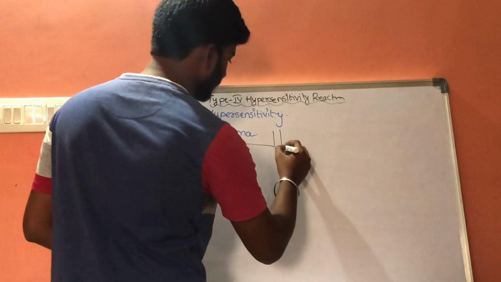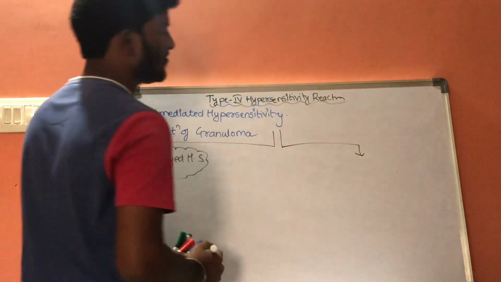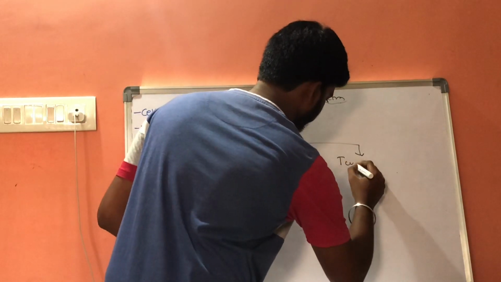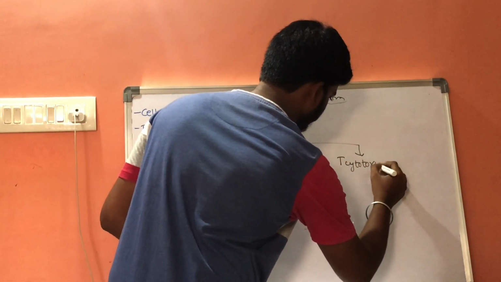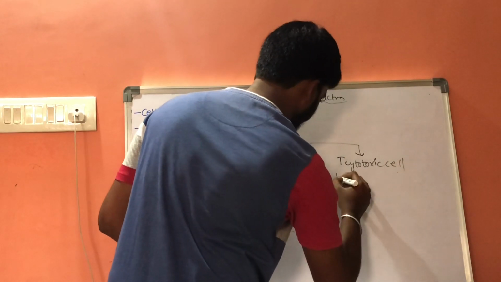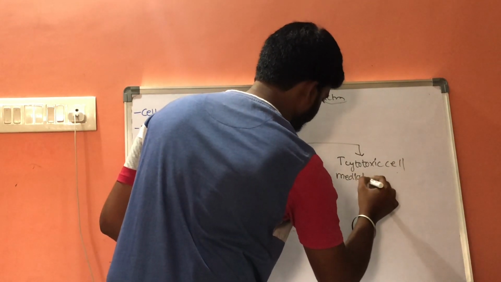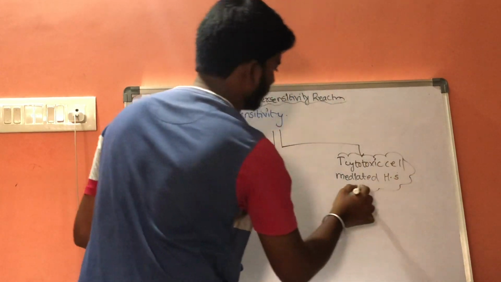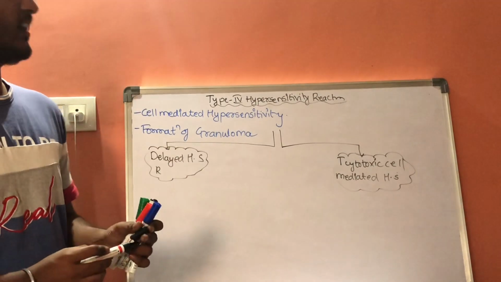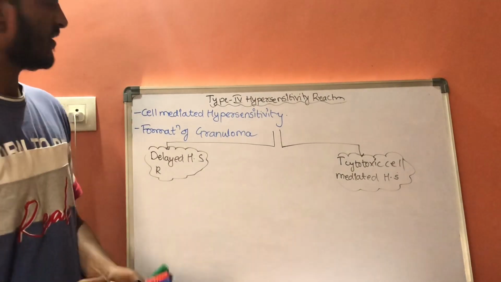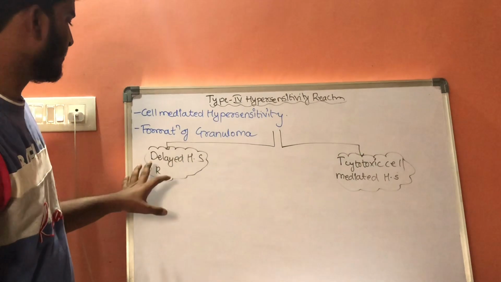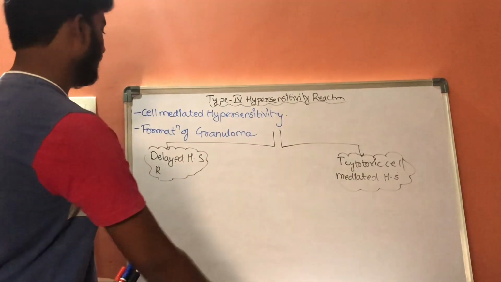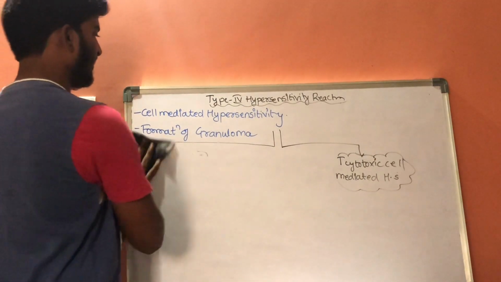The next one is T cytotoxic cell mediated hypersensitivity. These are the two categories studied under type 4 hypersensitivity reactions. Now, let us discuss delayed hypersensitivity reactions.